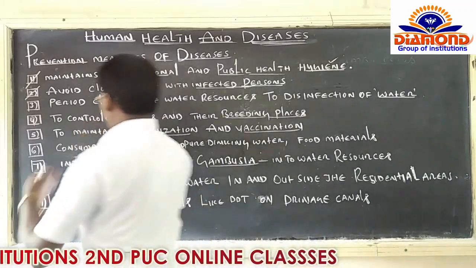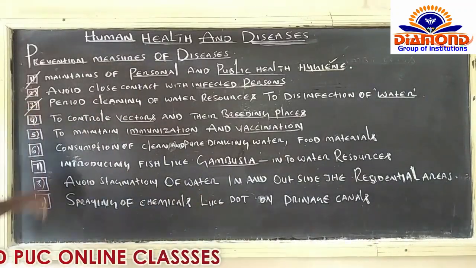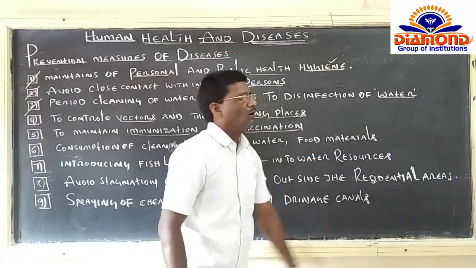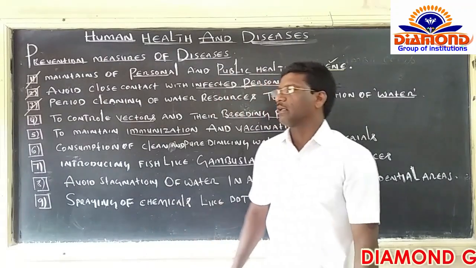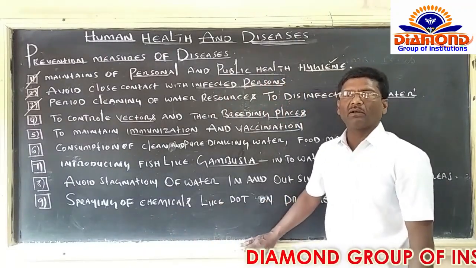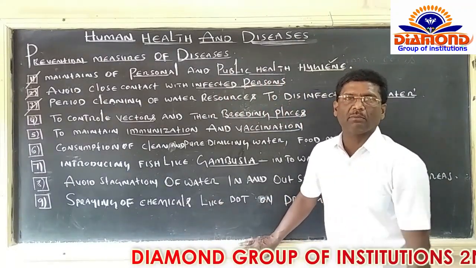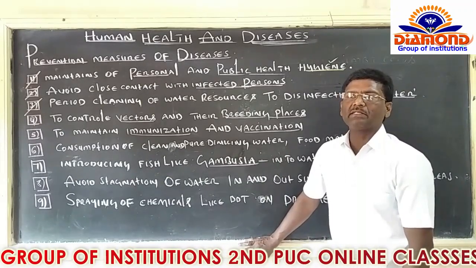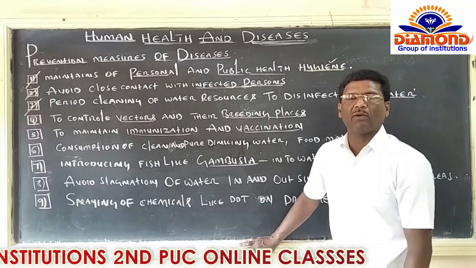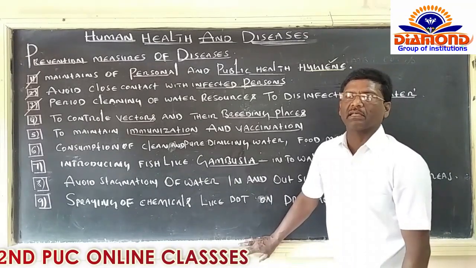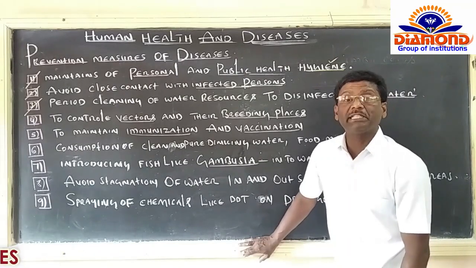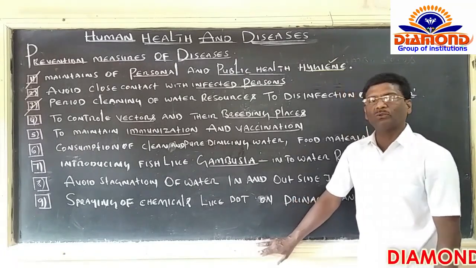And the next one is periodic cleaning of water resources to disinfect water. Looking at the top of our house, on the slab, some water tanks are present, right? Time to time, at least every 2 or 3 months, we have to clean our water tanks, and later we have to put a little bleaching powder there.